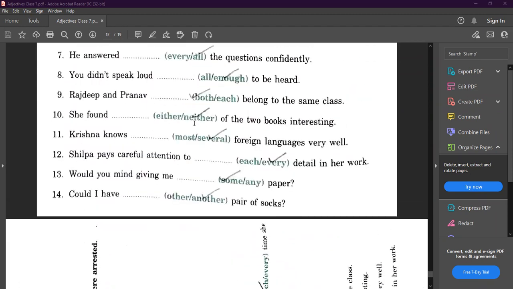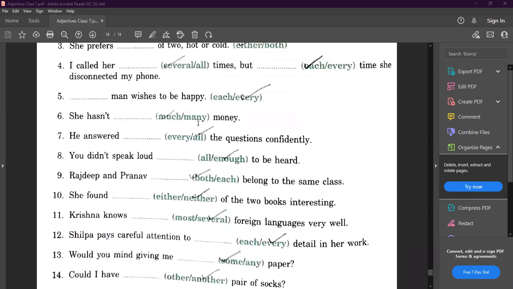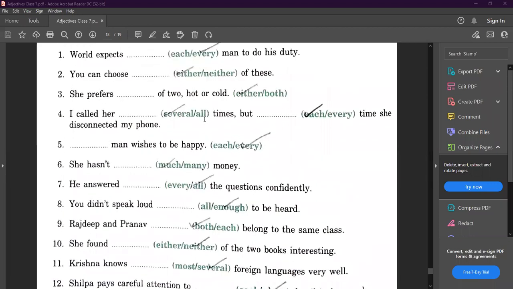So this was your adjective part. Tomorrow we are going to do another part in your grammar book itself. Okay. And let me ask you one thing. If you are having any doubt regarding the poem Trek Through the Himalayas, you can ask me tomorrow.